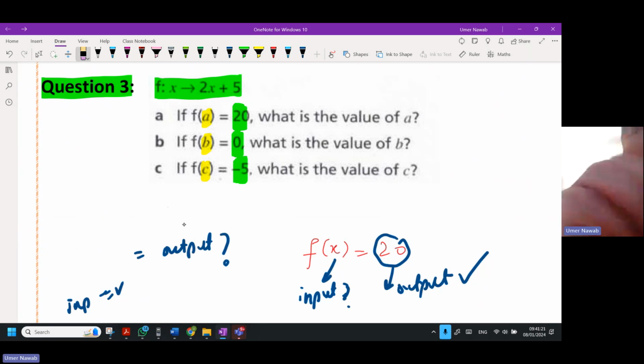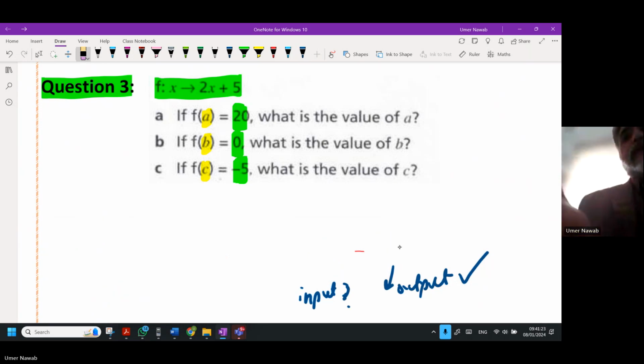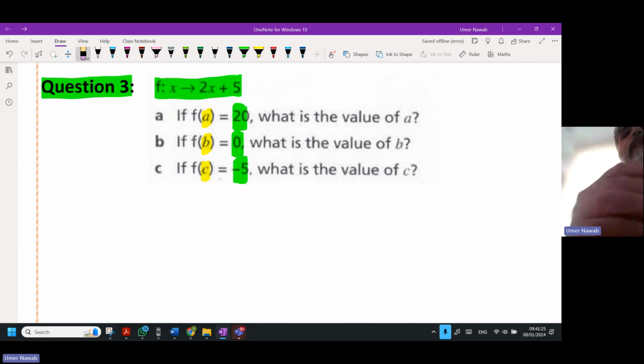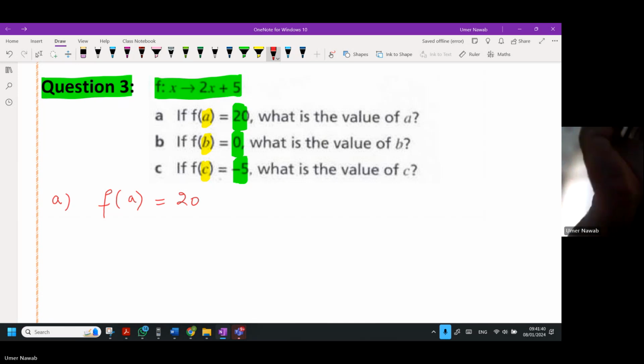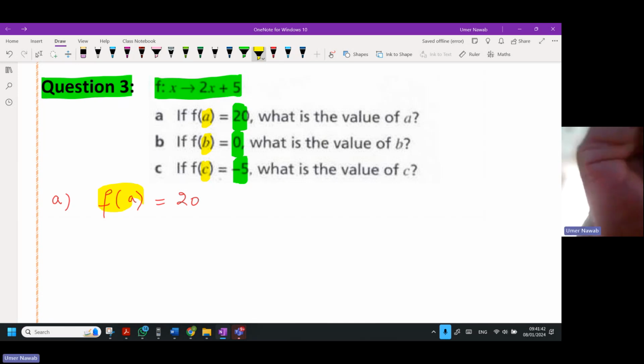So my students need to know when input is given and I am looking for output, and if output is given, how to get the input. So let's do the first part, A. F of A is equal to 20. Can I find f of A?